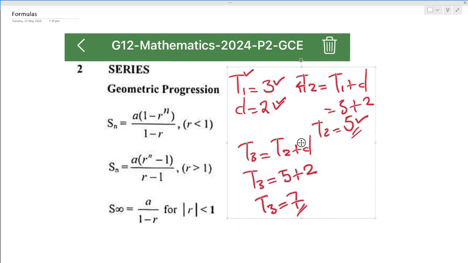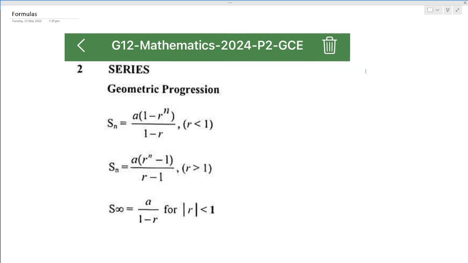That's how you go forward in a GP. Okay, so if you're given, let's say for example, we've been told to say term number 1 is equal to 3 again. Okay, but in GP, the constant amount is called the common ratio. It's not called the common difference, it's called the common ratio.